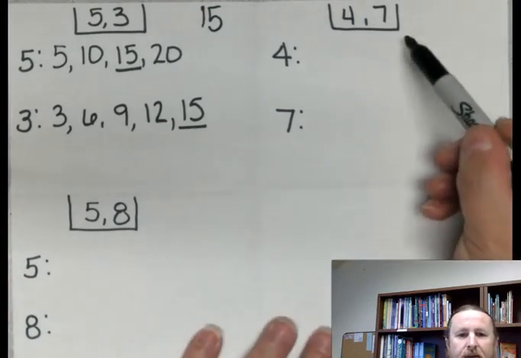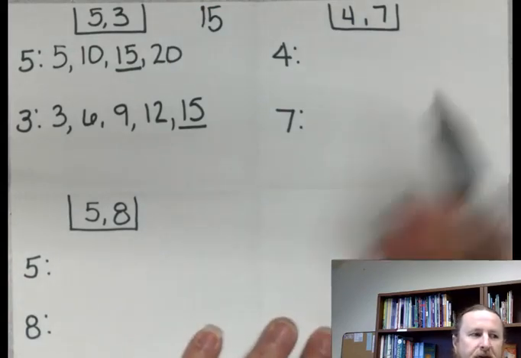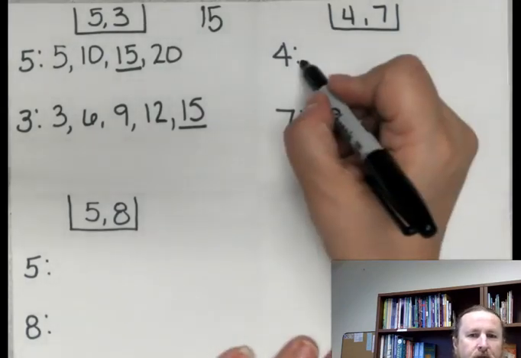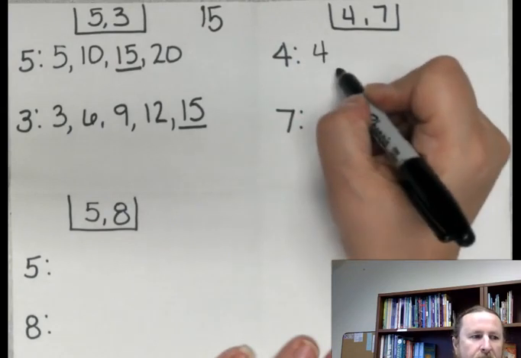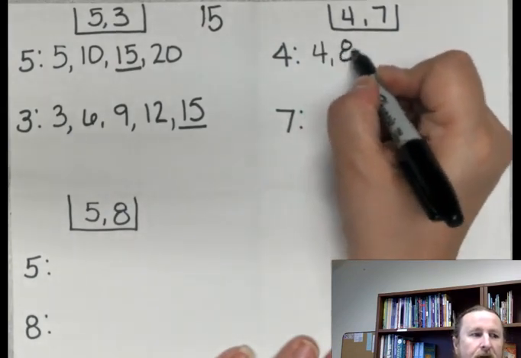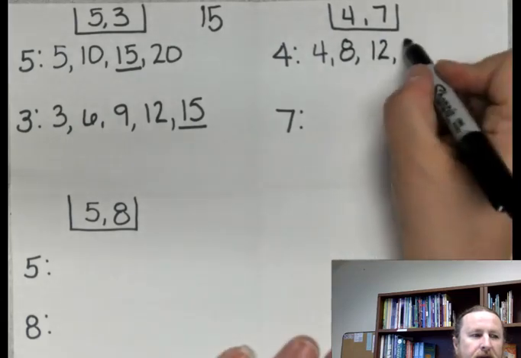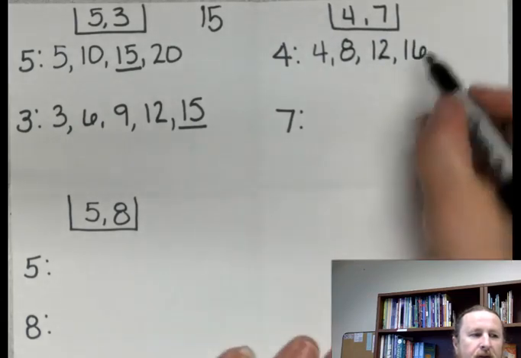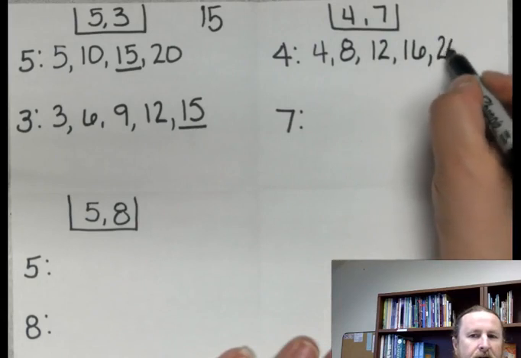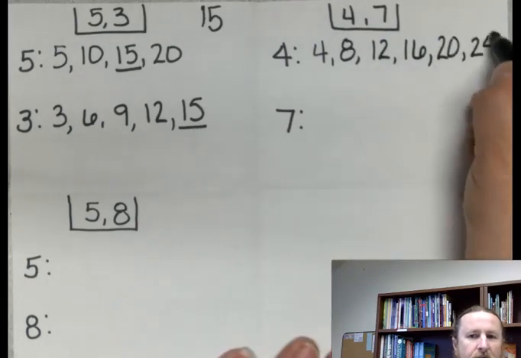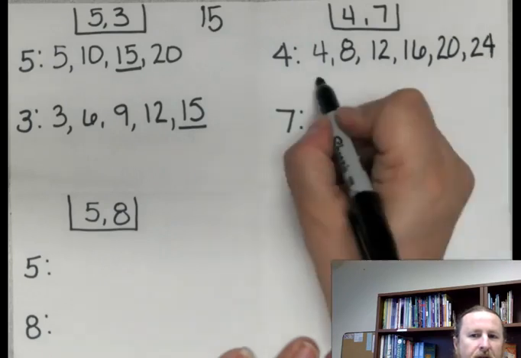Next, we are going to look at the numbers 4 and 7. We're going to start with our multiples of 4, which will begin with 4, 8, 12, 16, 20, 24. We'll start a new line because this list got a little longer than we were expecting, 28.